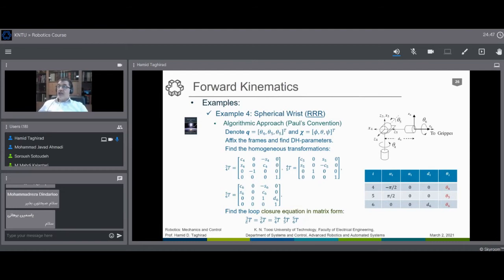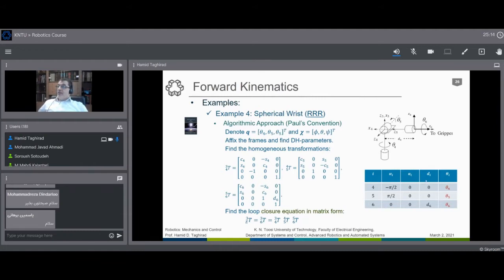Since we have a spherical wrist, an RRR manipulator, our joint variables, or the varying parameters within the Denavit-Hartenberg table, we call them the joint angles or joint variables, are theta 4, 5, and 6, the angles that these three actuators can take.